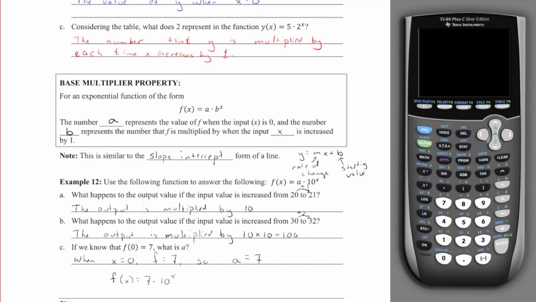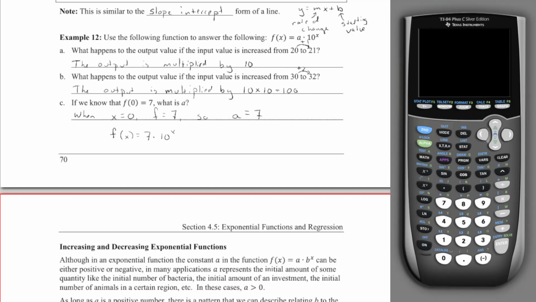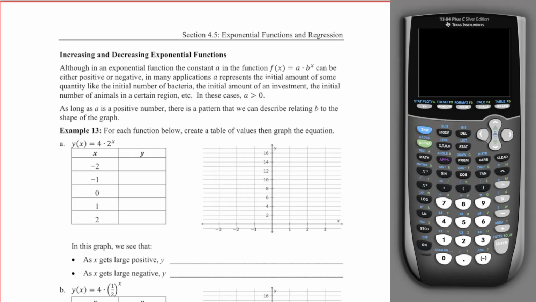Next, let's think a little bit more about what these graphs of exponential functions look like. We can have increasing and decreasing exponential functions. And I'm just going to make some tables of values here.